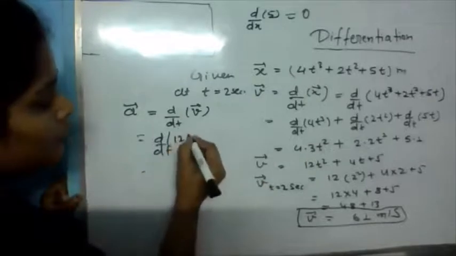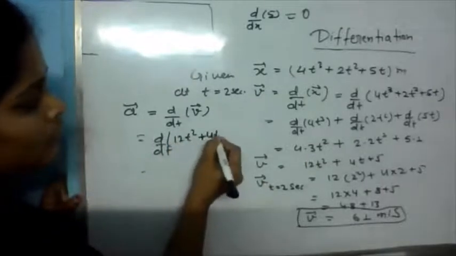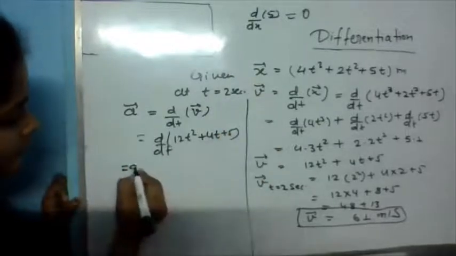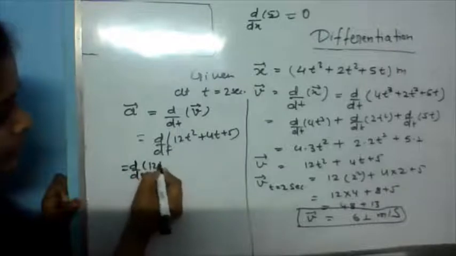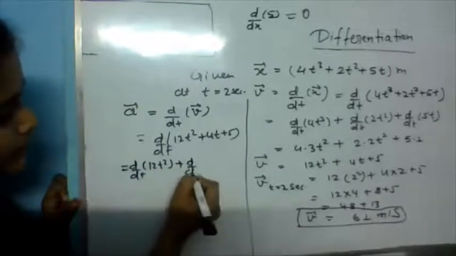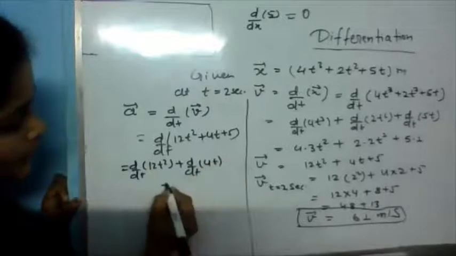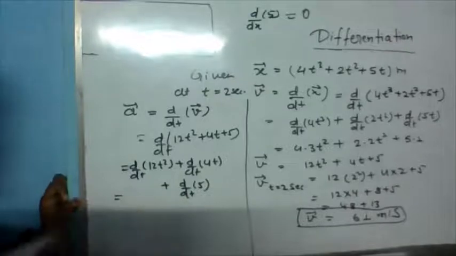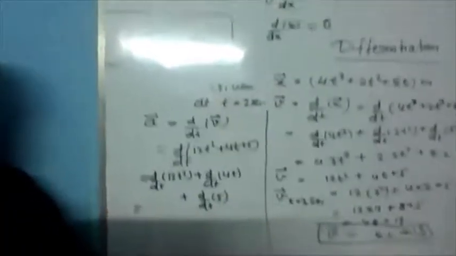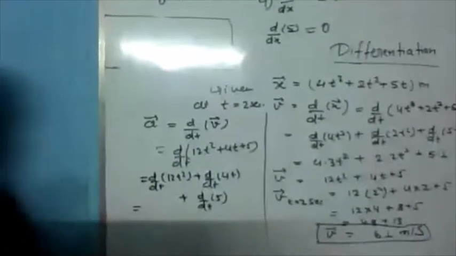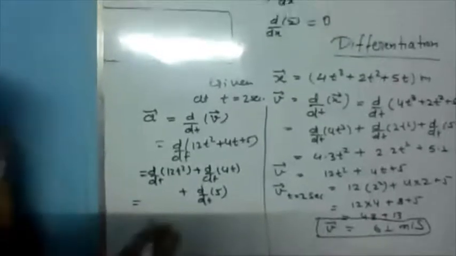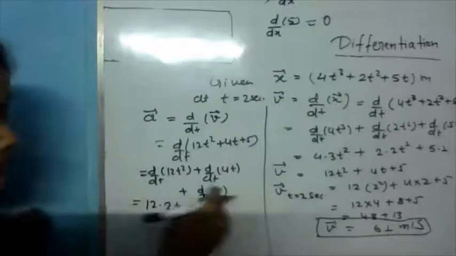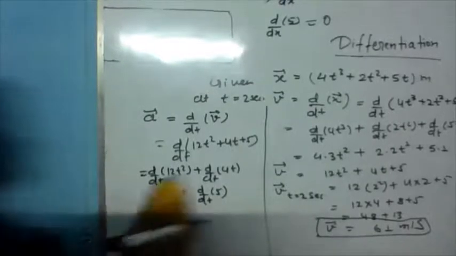So we have to put it: 12t square plus 4t plus 5. Now see, 12t square plus d upon dt 4t plus d upon dt 5. Okay. Here I can write like this, 12 times 2t plus 4 times d upon dt of t, which is 1.